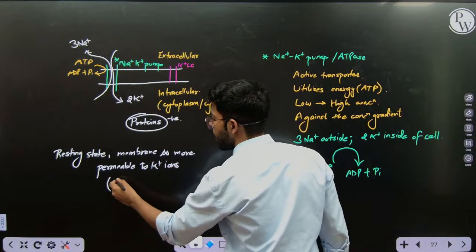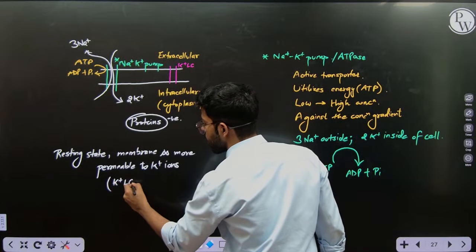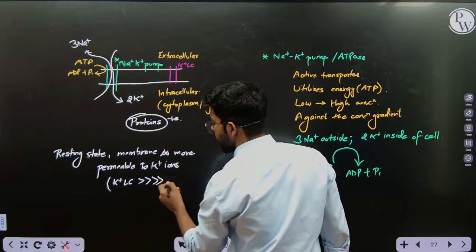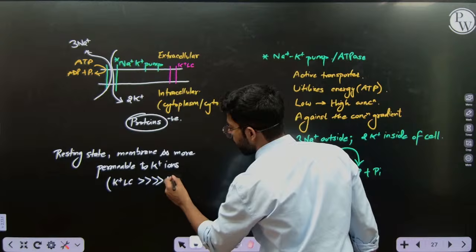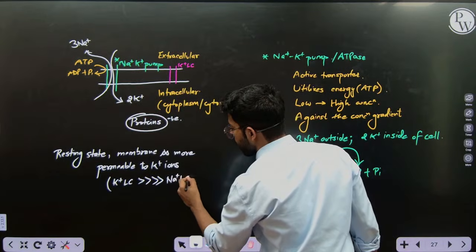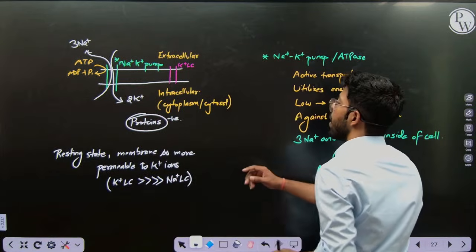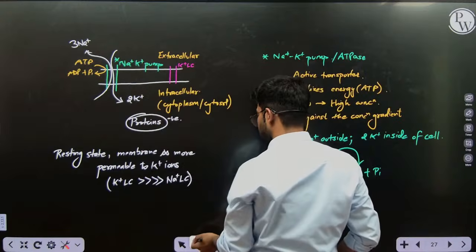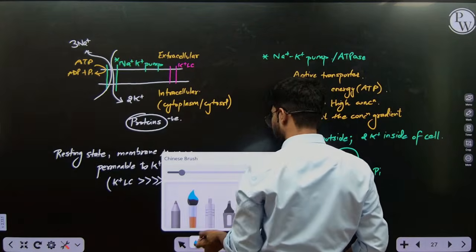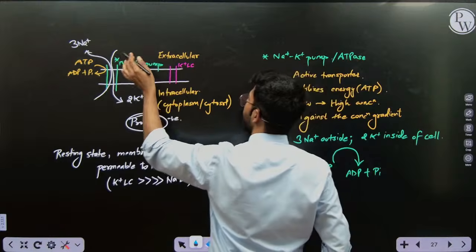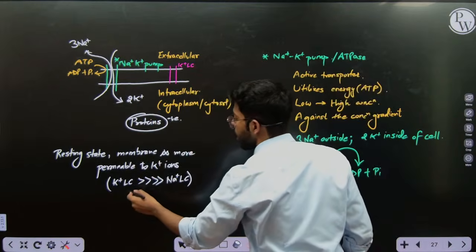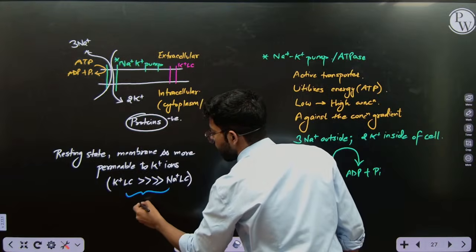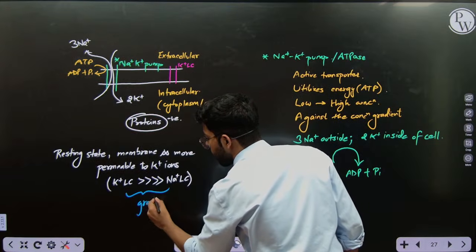So indirectly, it is saying that potassium leaky channels are more in number as compared to the sodium leaky channels. That's why the gradient is developed by these potassium ion leaky channels and sodium ion leaky channels. These are the gradient developers.